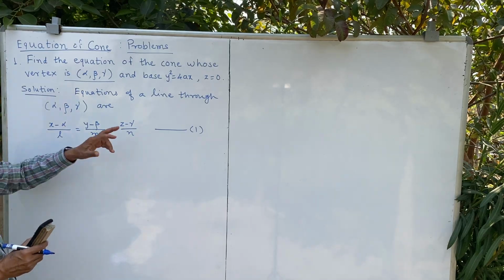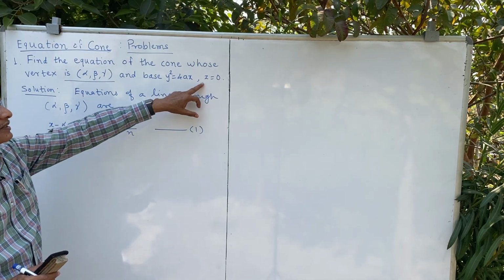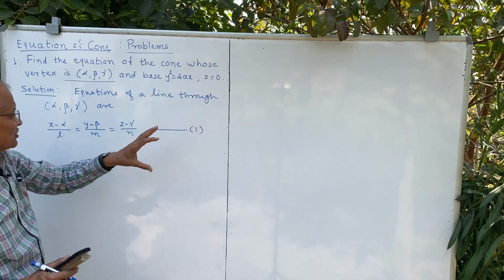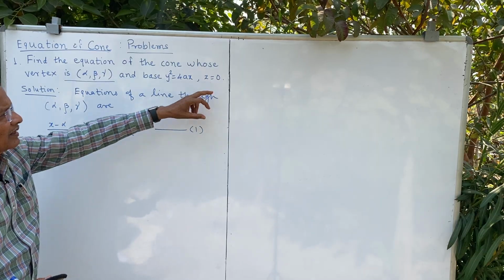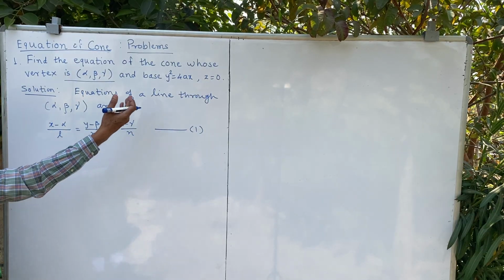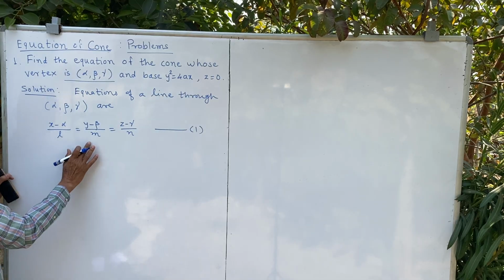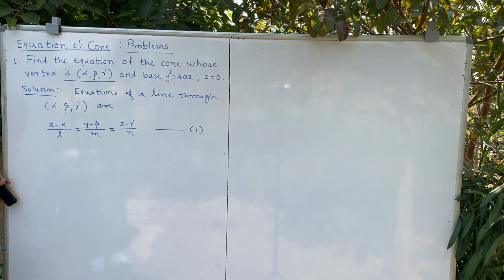And now the base is given as y square is equal to 4ax, comma z is equal to 0. So this line will cut the plane z is equal to 0, and we shall find the coordinates of the point where this line cuts the z is equal to 0 plane.